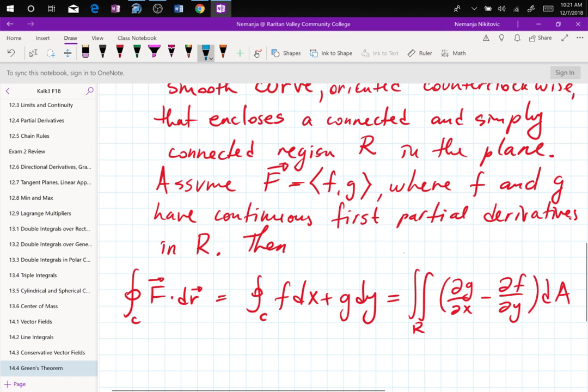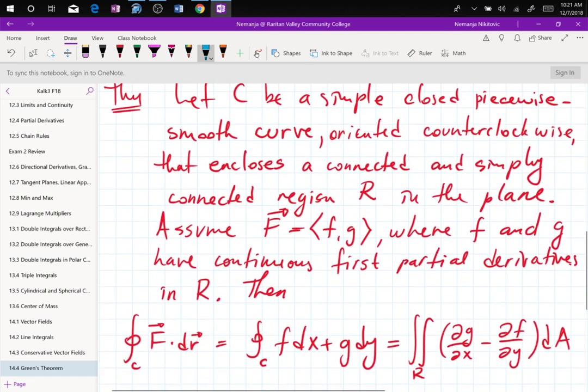Now, if you look at the shopping list of requirements, observe what you must have. You must have a closed curve. And that should immediately make sense, because you are setting up a double integral over a region.